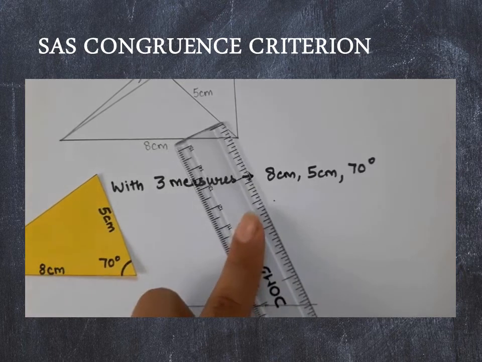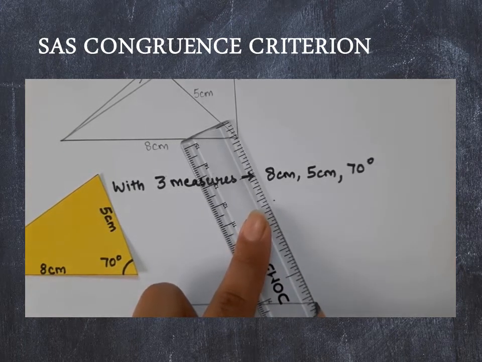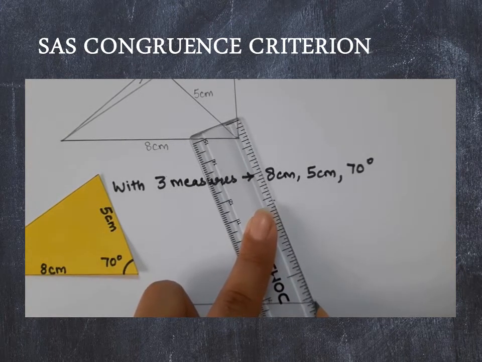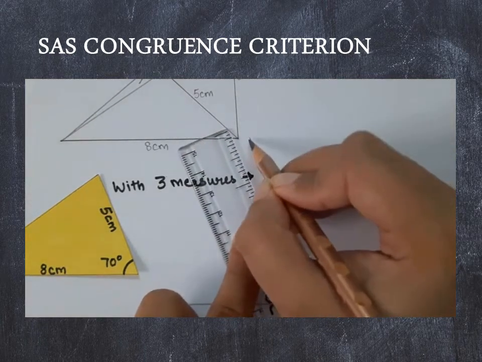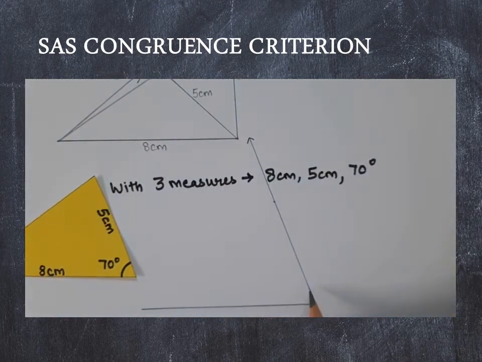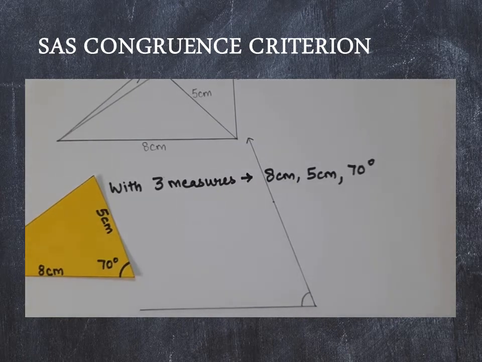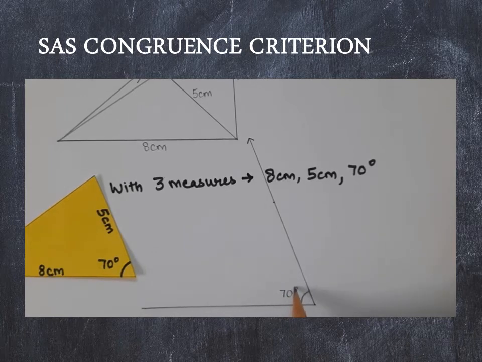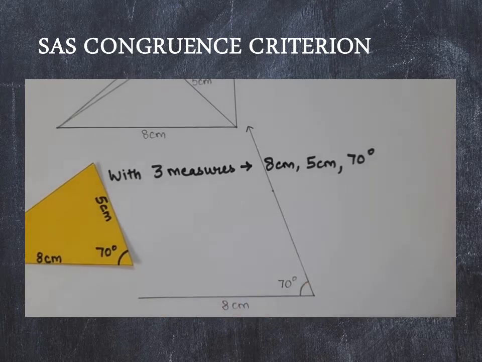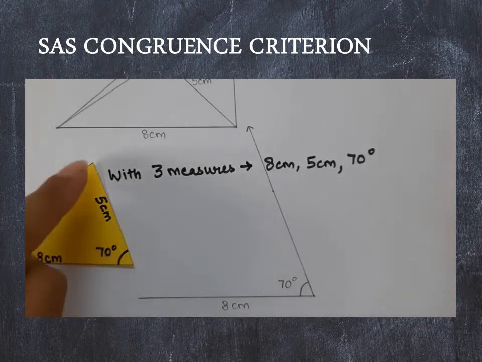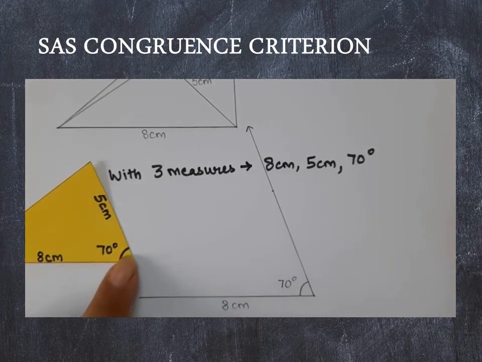I'll draw a ray here. So now this ray is at an angle of 70 degree from the first side. This is 70 degree now, and this was 8 centimeter. So we have used the two measures. Now we have to locate the vertex which is at a distance of 5 centimeter from this second vertex.